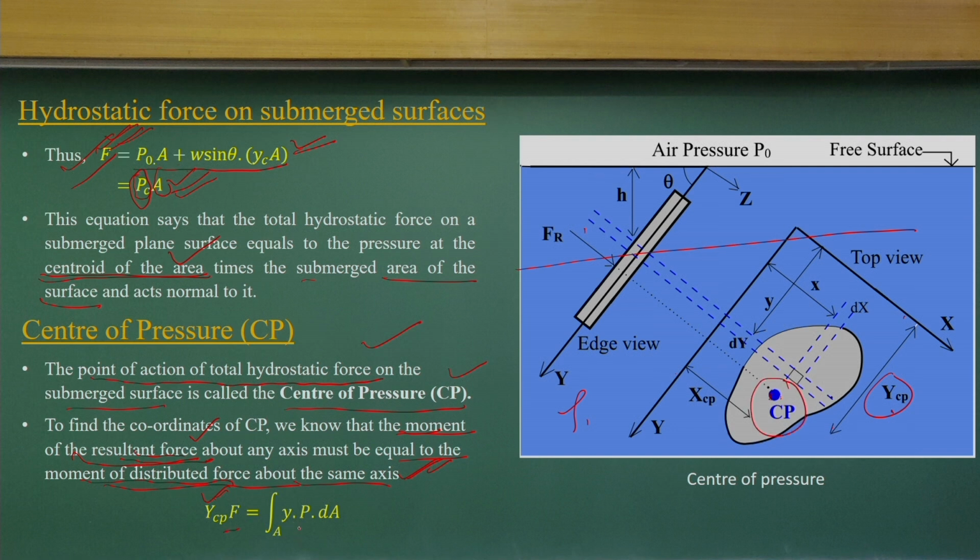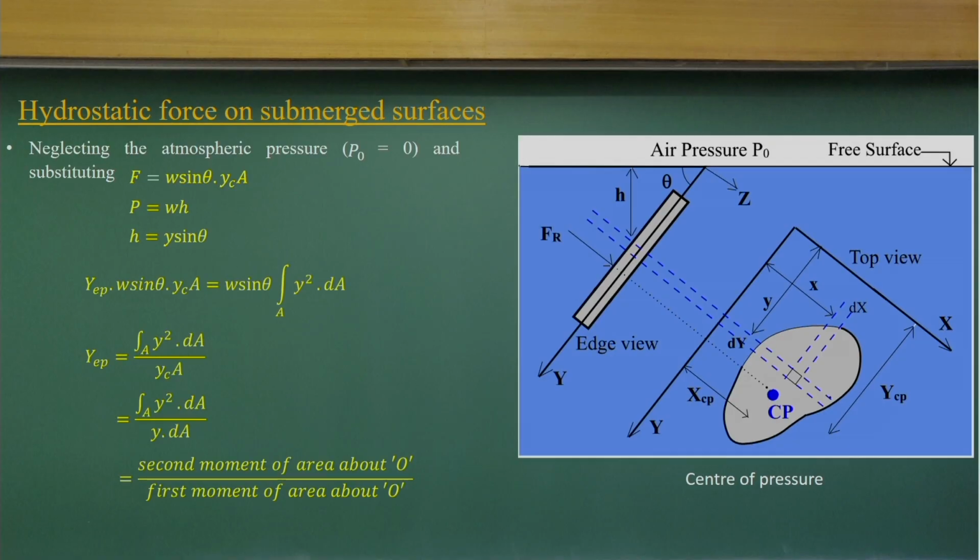It equals the integral of y into p into dA, pressure into area gives force, so y dA, and we integrate to equate this part. So the y multiplication is there, and that is the moment of the distributed force about any point we consider. It is a simple problem as you did in solid mechanics.